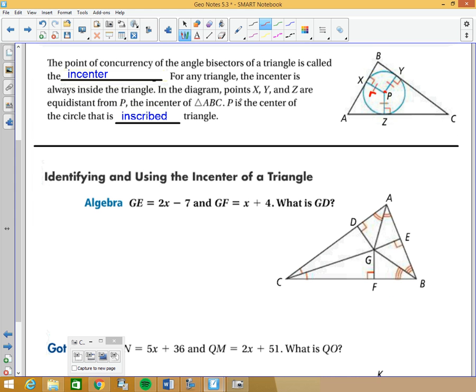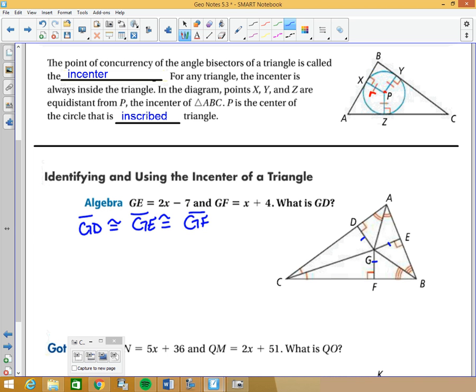Now, if we use this particular piece of information, that these have these congruent perpendicular segments, we can use it algebraically to find missing pieces. So the first thing I'm going to notice is if G is the in-center, then I know that GD is congruent to GE, which is also congruent to GF.